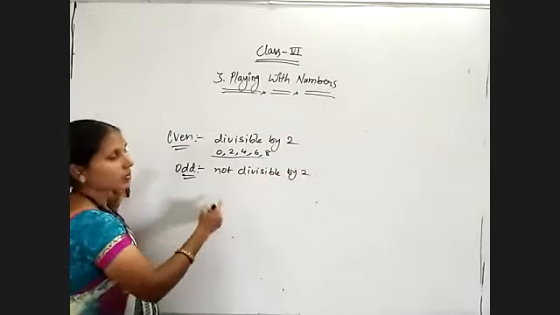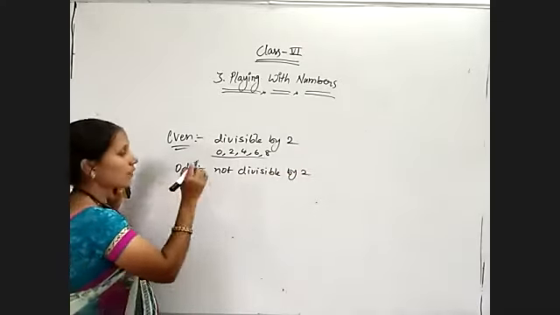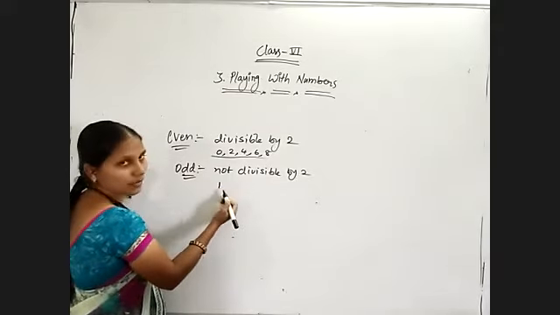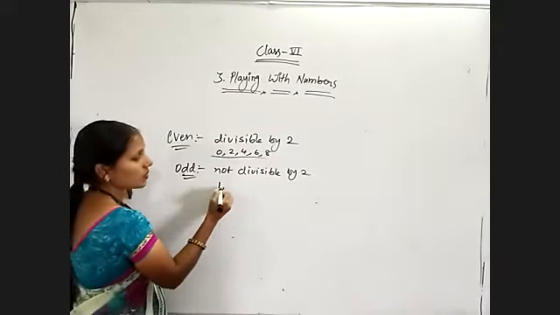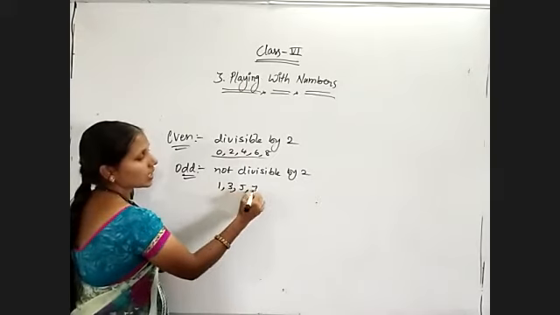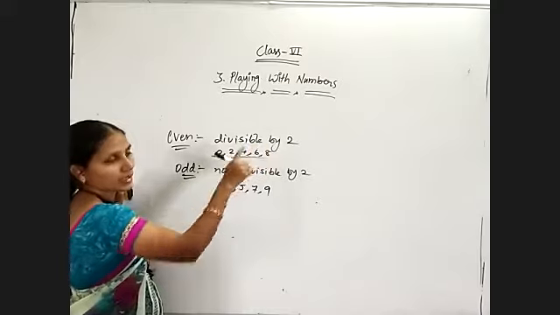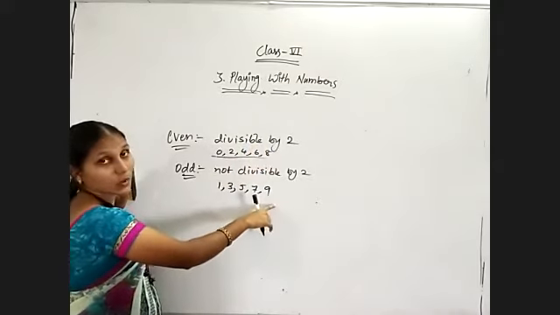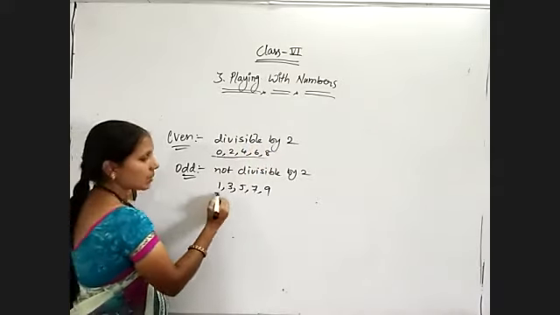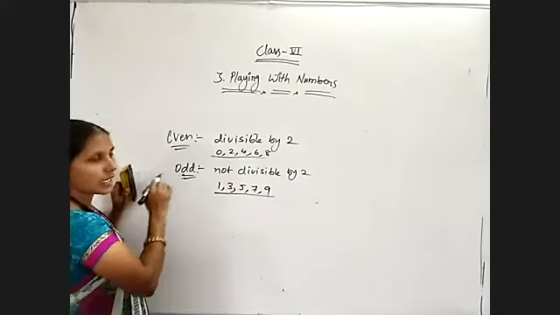If the unit place of your number has 1, 3, 5, 7, 9, such numbers are known as odd numbers.